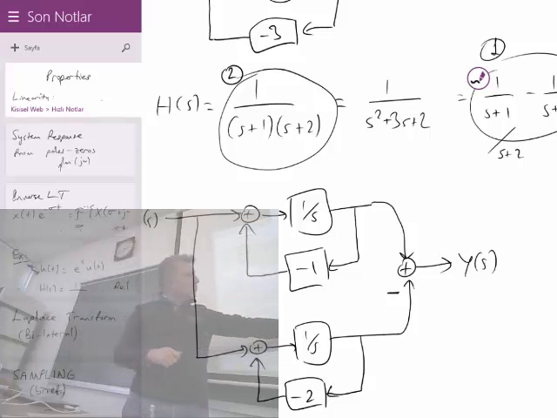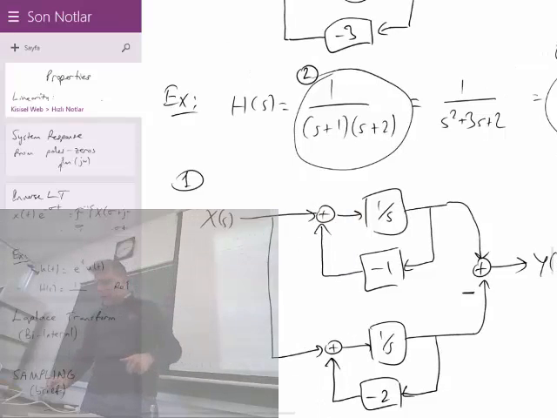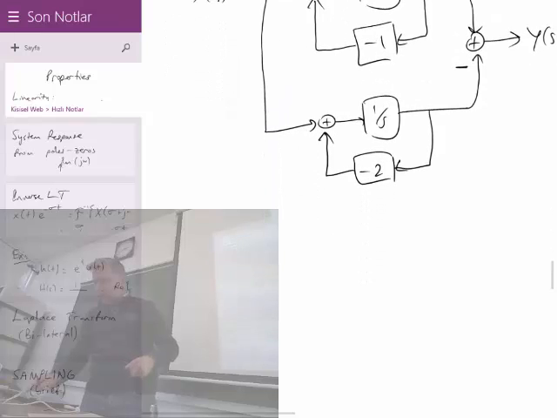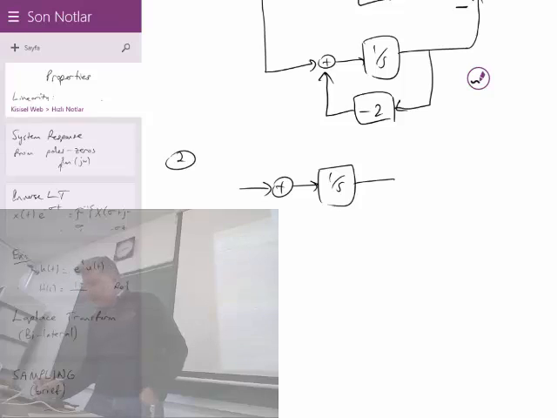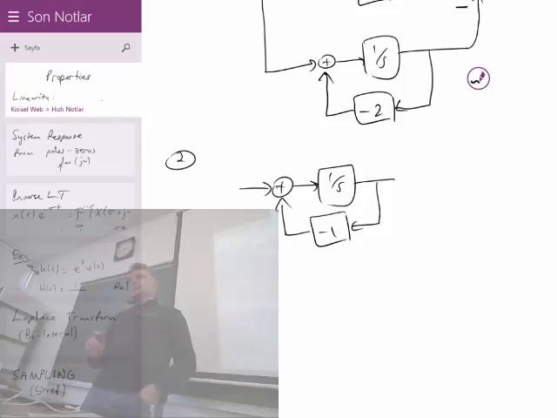That means a cascading operator or a series. The first implementation was a parallel implementation. Now let's try the series implementation. And that will be 1 over s plus 1 implementation, which is this, isn't it?